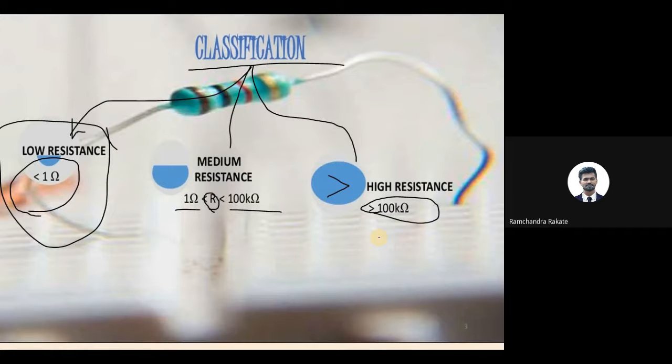But before that, we should know the methods for the measurement of this particular resistance. Basically, we know one formula, that is Ohm's law. What does Ohm's law say? E is equal to IR. That is nothing but Ohm's law.